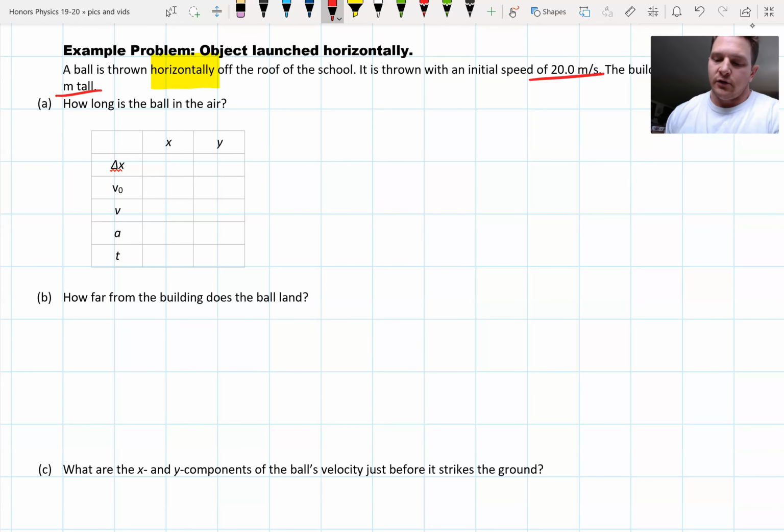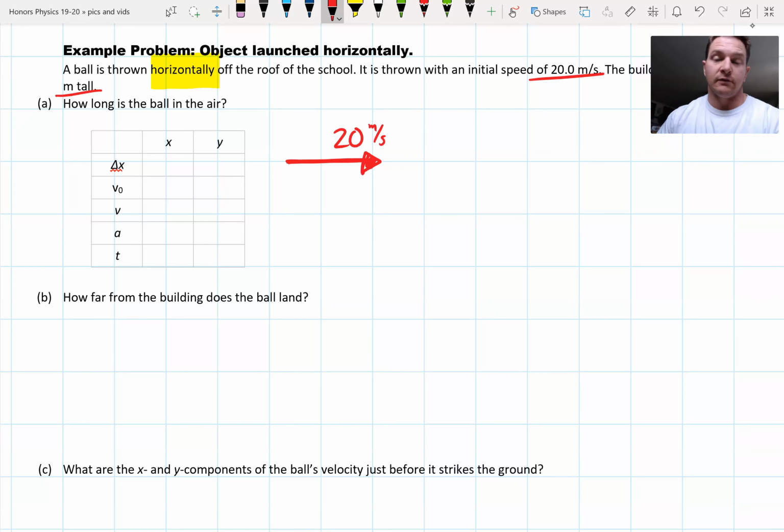When something is launched horizontally, that means all of its initial velocity is horizontal. If something is going 20 meters per second horizontally, everything is in the x direction and there's nothing in the y.